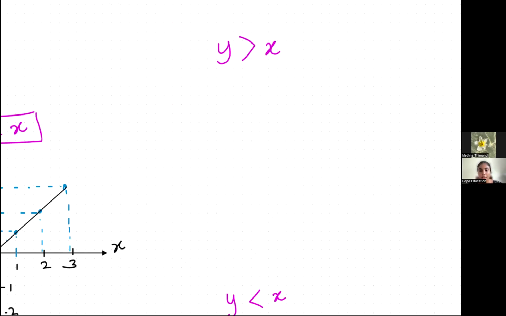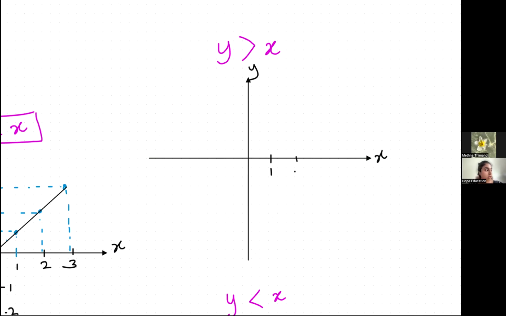So let me first draw the Cartesian planes here, then it's easier for us. This is the y, this is the x. So I will say 1, 2, 3. Here also 1, 2, 3. Then here -1, -2, -3. Here -1, -2, -3.